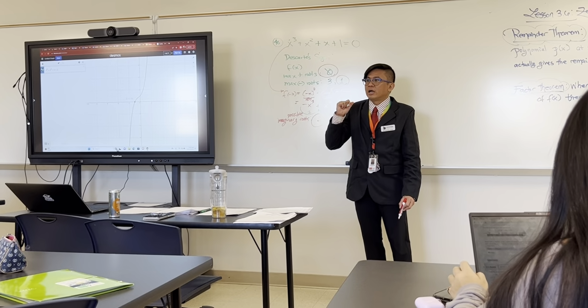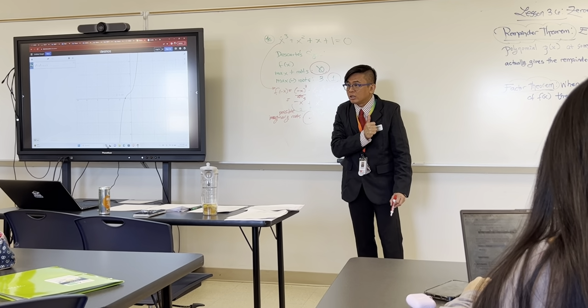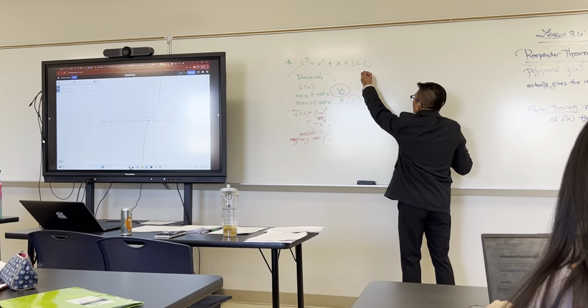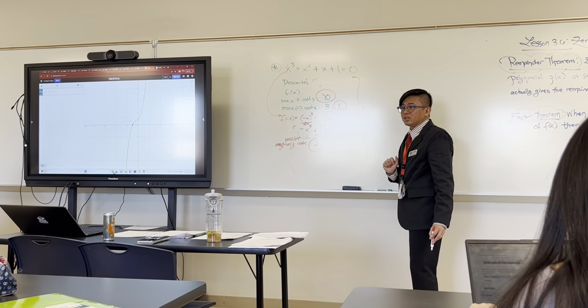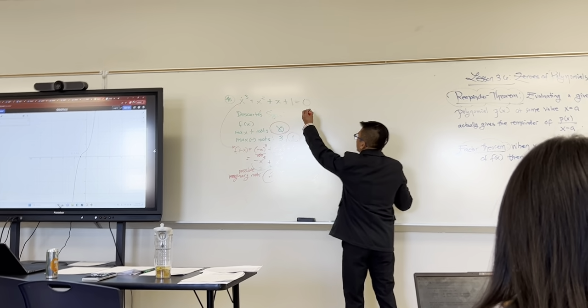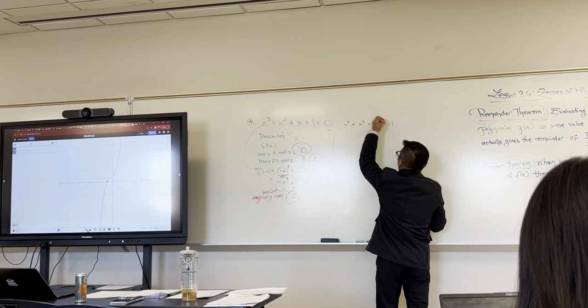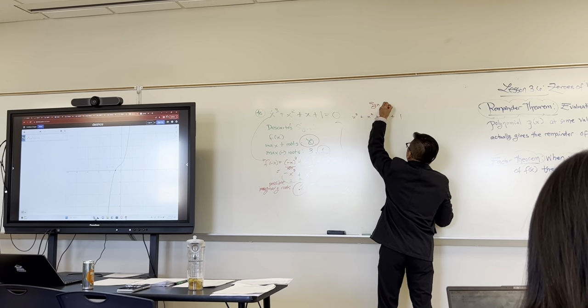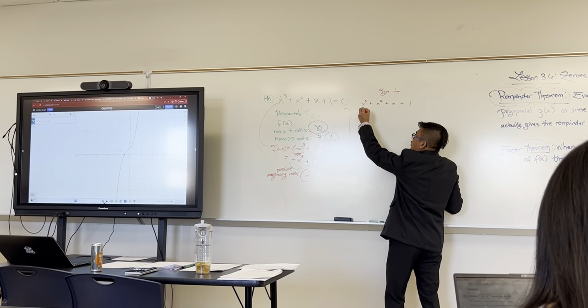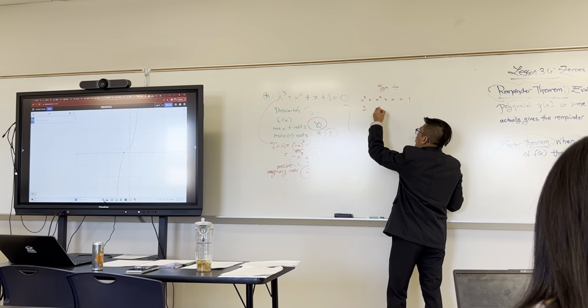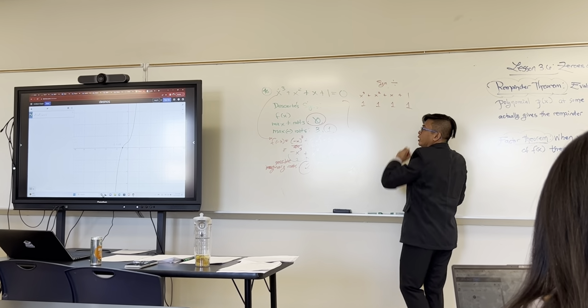Well, it says in there to find the actual roots. We're gonna do this one by synthetic division really quick. So x cubed plus x squared plus x plus 1. Get the coefficients: 1, 1, 1, and 1.